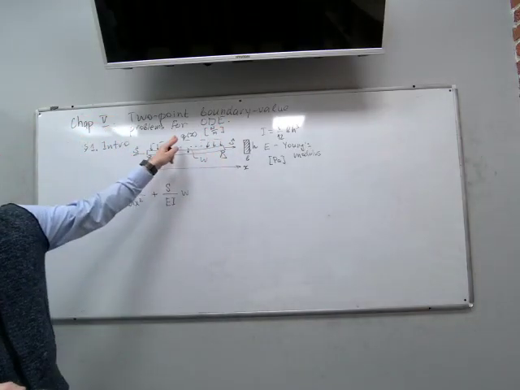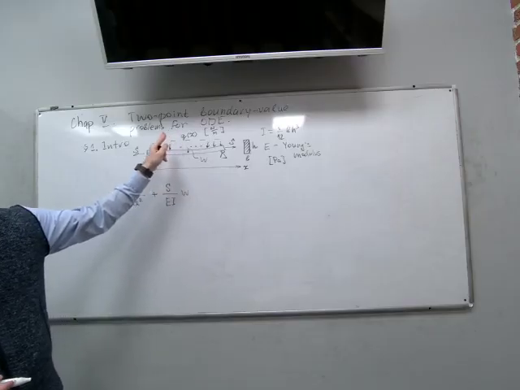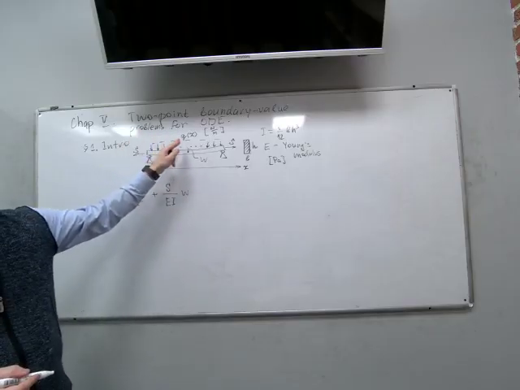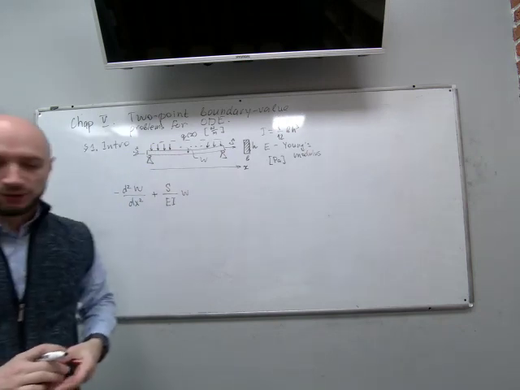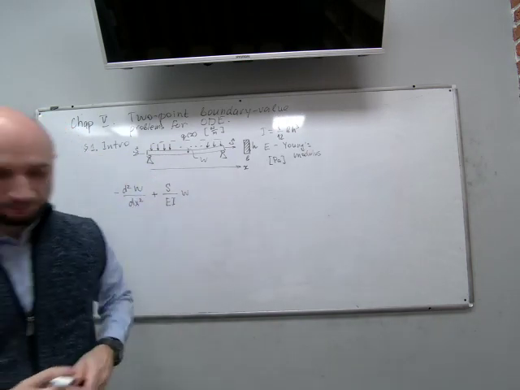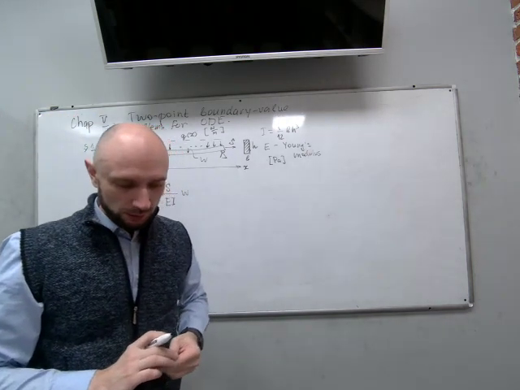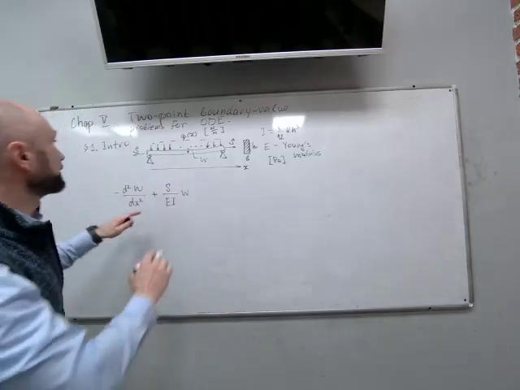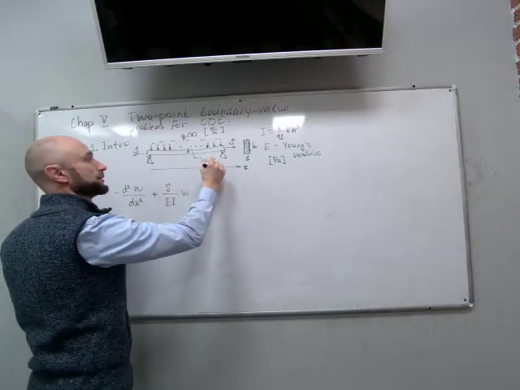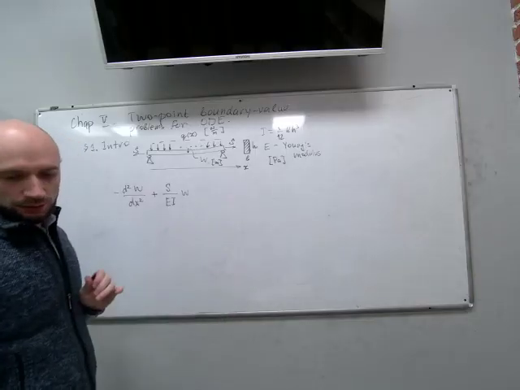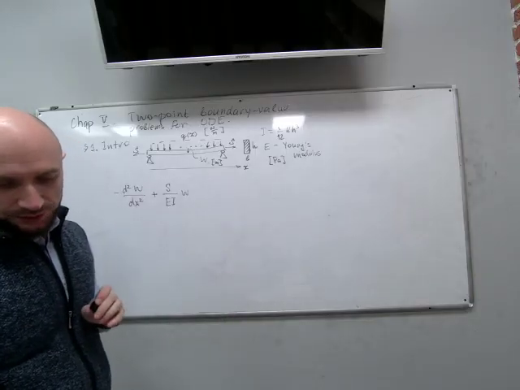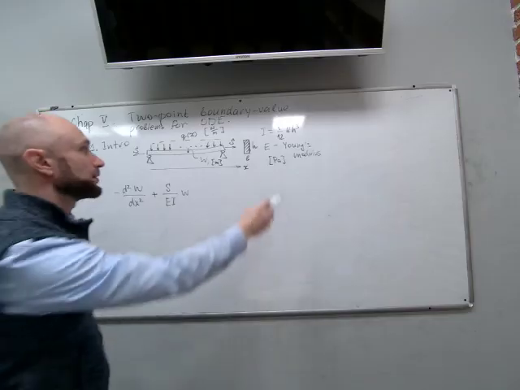So it is a force intensity, so to say. So we divide it by the length of the beam. What else? The deflection is measured in meters. Anything else? That's unknown.